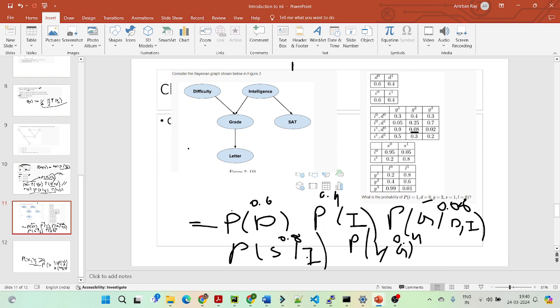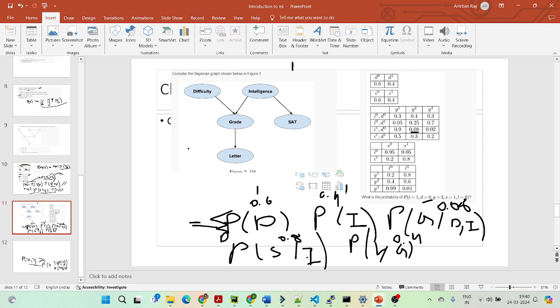Summation over all these values of D. What will you get here? What are the values of D? I add this and it will get 1. Similarly, you will get 1 here. For D and I, it is one.